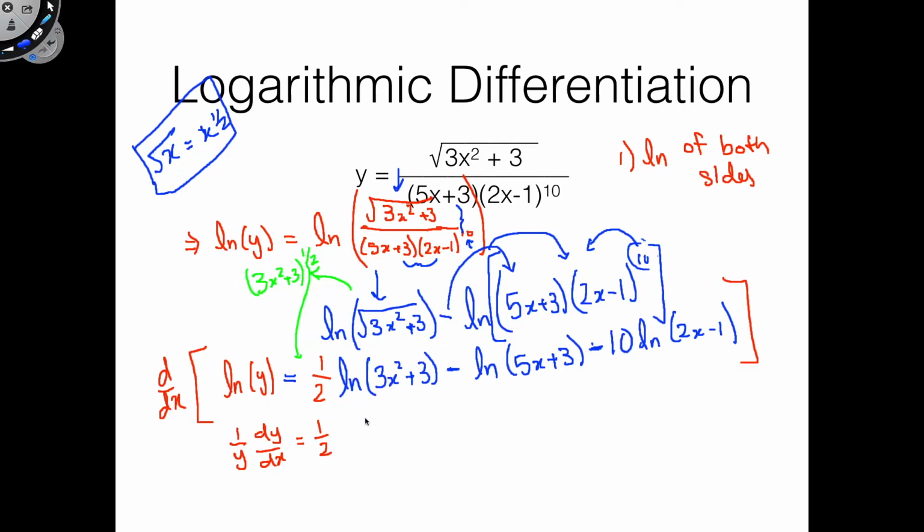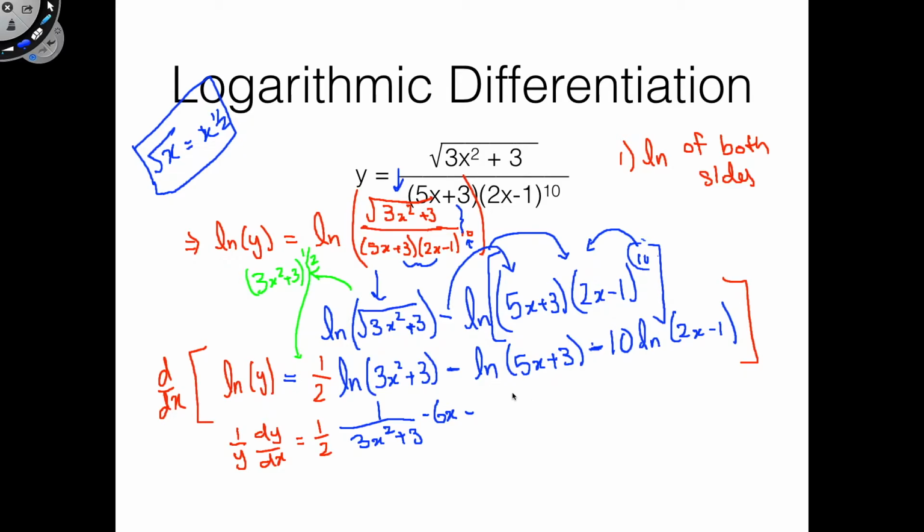So the derivative of ln is just 1 over x. So we're going to have 1 over 3x squared plus 3 times the derivative of what's inside. So that's going to be times 6x minus the derivative of the natural log of 5x plus 3.